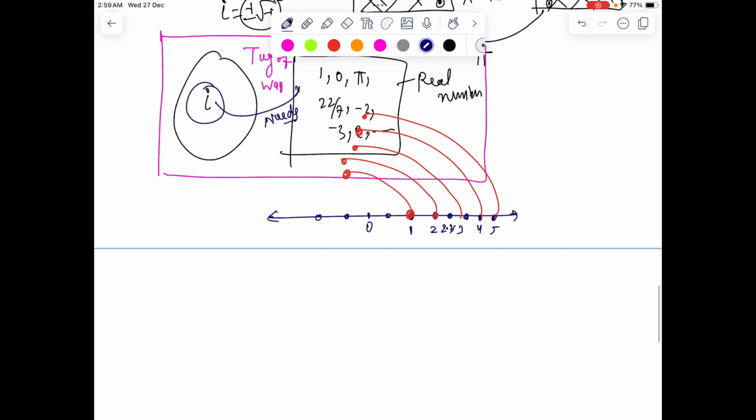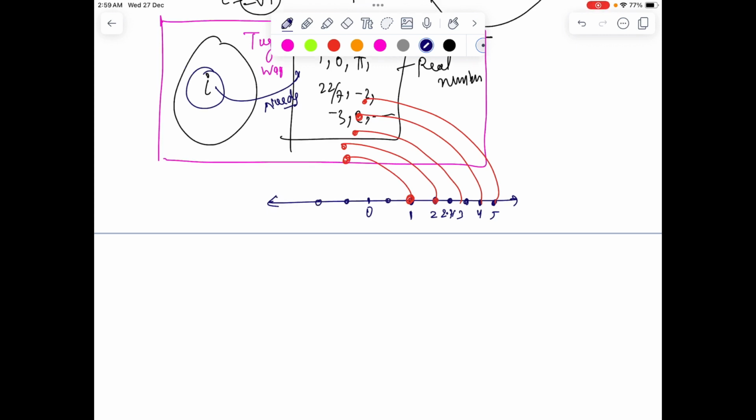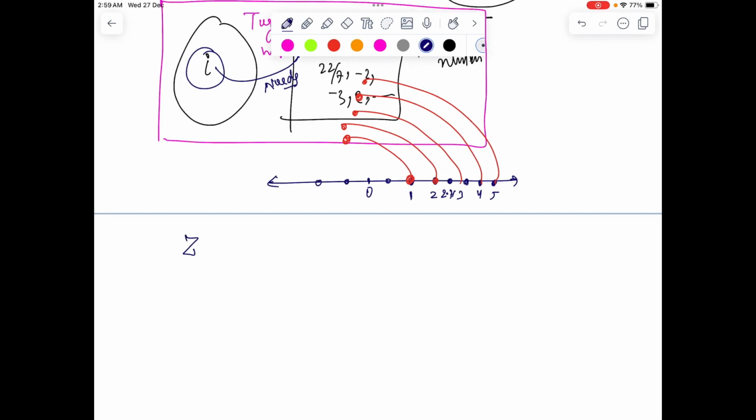So we want in fact a combination of both of them to create a new set of numbers, and that is what is known as a complex number. So we want a complex number to be a combination, a mix of i and reals.